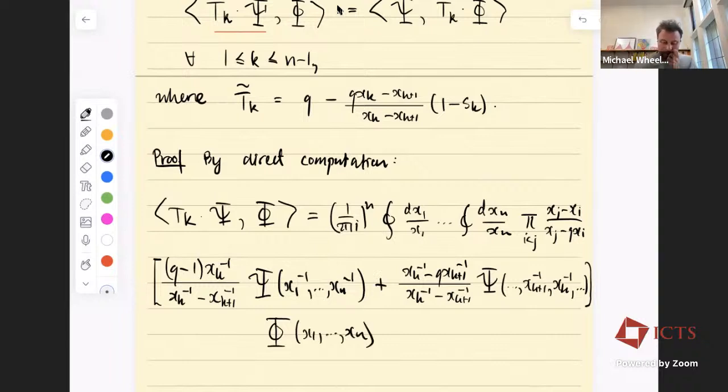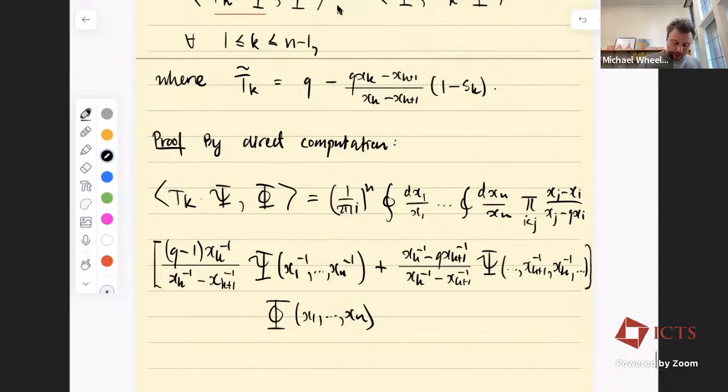The proof carries on now by splitting this integral up into a sum of two integrals. The first integral will be this one, and the second one will involve this piece. For the first piece, you don't do anything: you just take the factor that's here and transfer it onto phi.